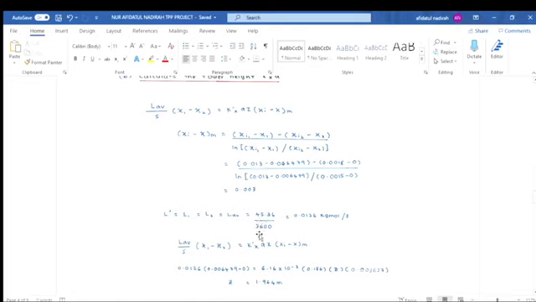We divide it by 3600 to change it to the SI unit for the time. So for xi minus x, we can use this formula, where xi1 and xi2 we can get from the graph, and x1 and x2 are already stated in the question, or we already know the value before. So after we substitute, we will get xi minus x is equal to 0.003.